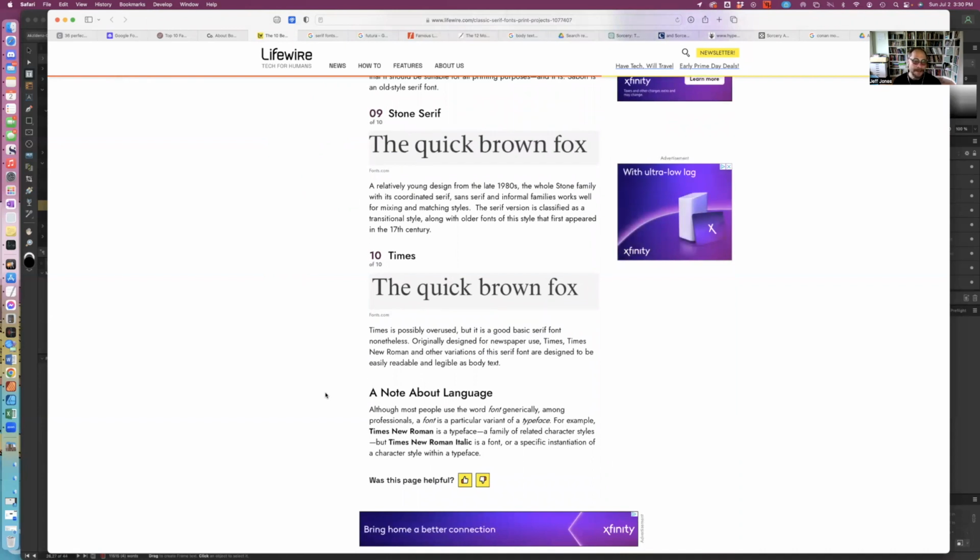Some people will avoid the very common fonts because of ubiquity and wanting to do something different. But to be honest, unless you're really going for something extraordinary, there's no reason not to use a lot of these fonts.